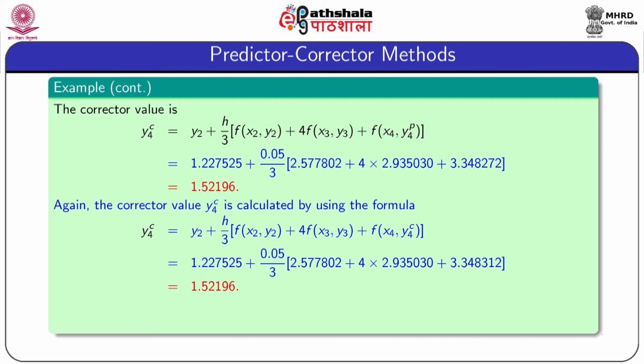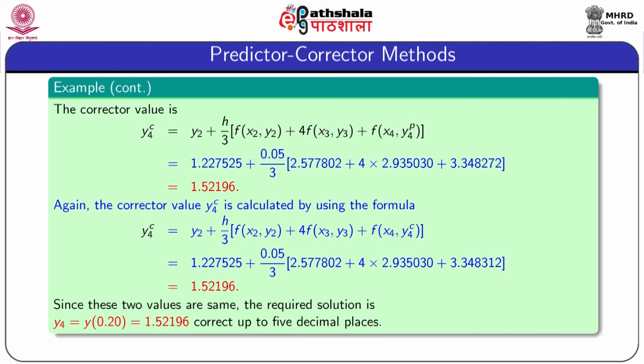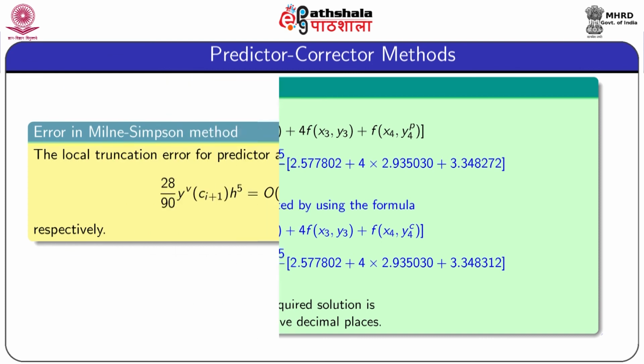After simplification this is equal to 1.52196. Note that the last two values are the same, therefore we conclude that the value of y4, that means the value of y at x equal to 0.20, equal to 1.52196, correct up to 5 decimal places.